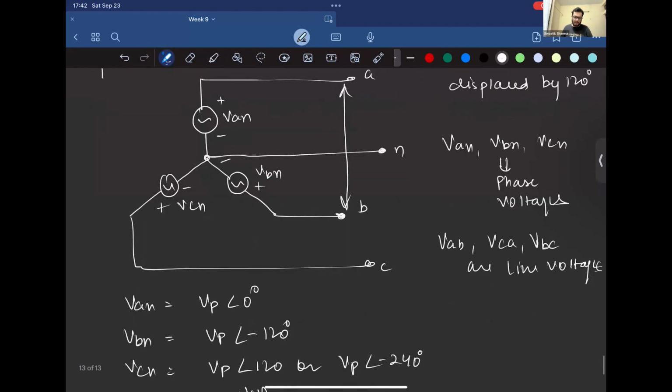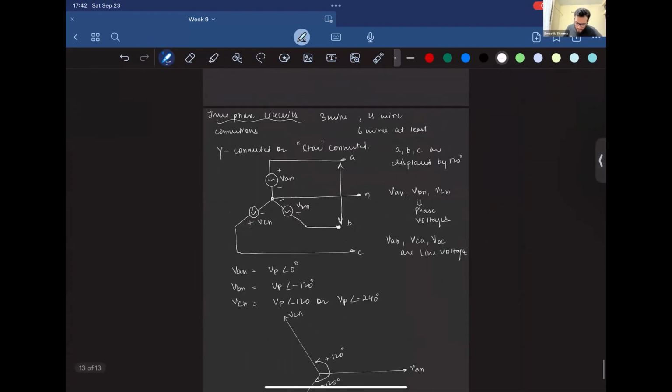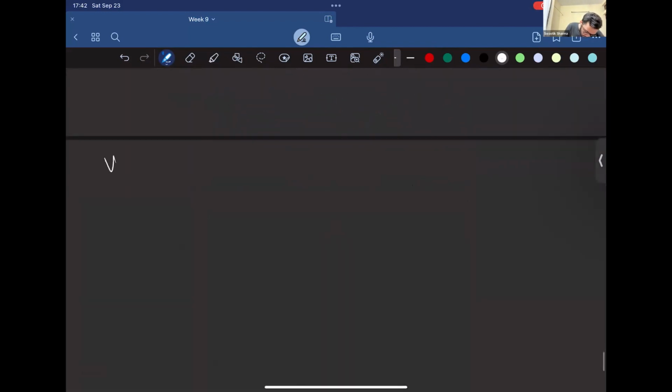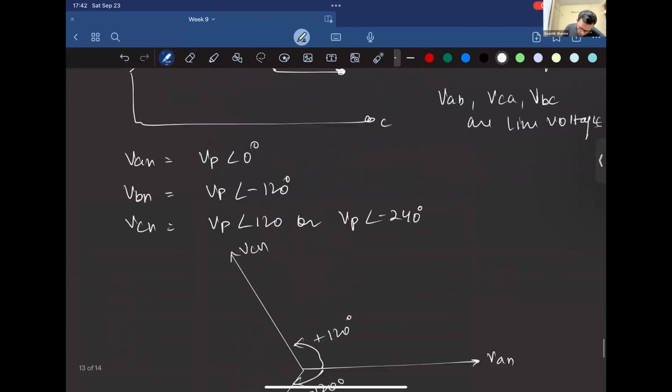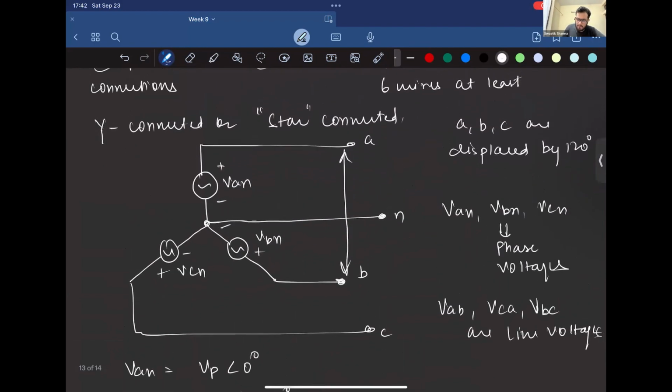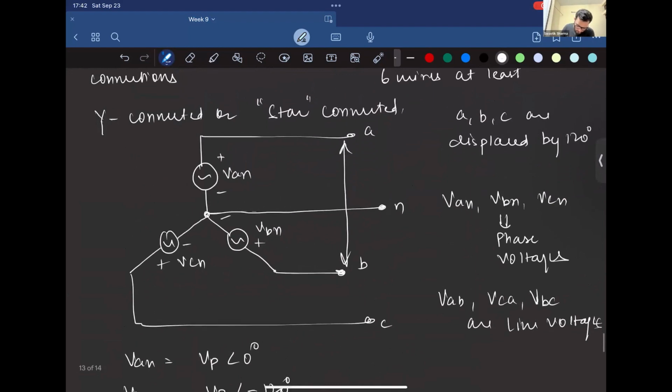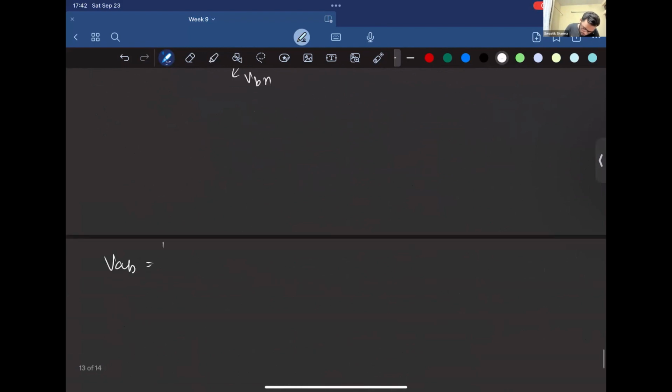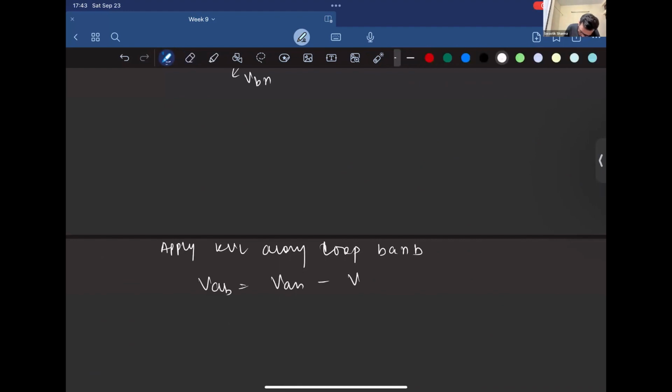So for a star connected circuit, let's calculate how VAB and VCA look like, right? So what is VAB? If we want to calculate VAB, it's nothing but VAN minus VBN, right? If you apply KVL around this loop of VAN and VBN, you'll get VAB is nothing but VAN minus VBN.